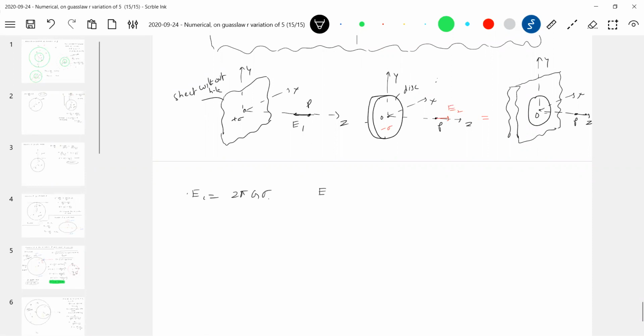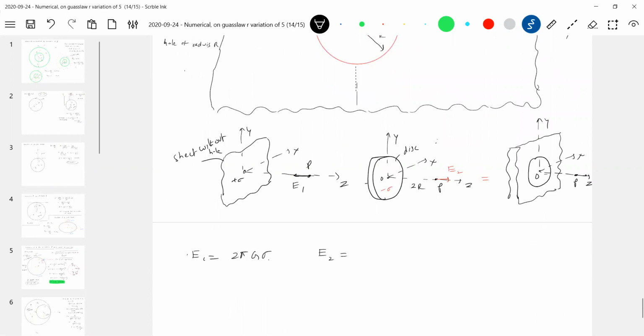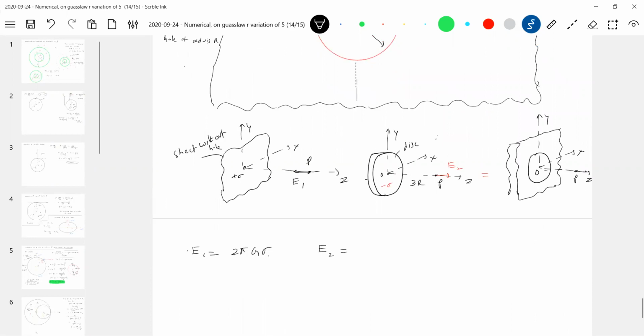What is the field strength due to a circular disk at a distance 3r? Sorry, the distance is given as 3r. If you know the field strength due to a circular disk, you are on the safer side. Otherwise, gone. In the exam, you can't derive it. Am I right? So I think some minimum memory is needed.